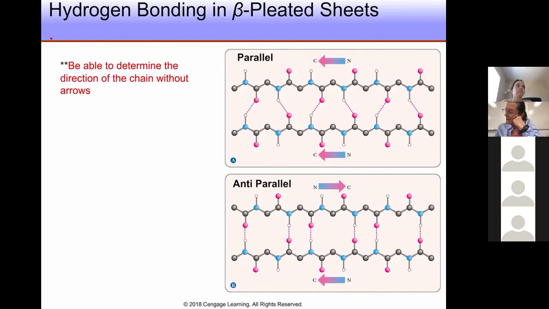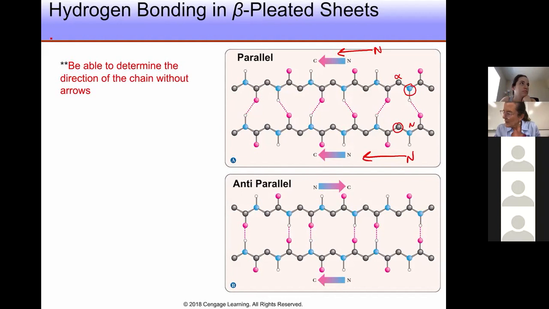The N terminus is here. If you look at an alpha carbon and the amino group is to the right, that means the N group is that way, the amino terminus. So this is running in this direction. And then again, here's an alpha carbon, and then the N is to the right. So this chain is running in that direction, N to C. Because they are both running from right to left, that is parallel.